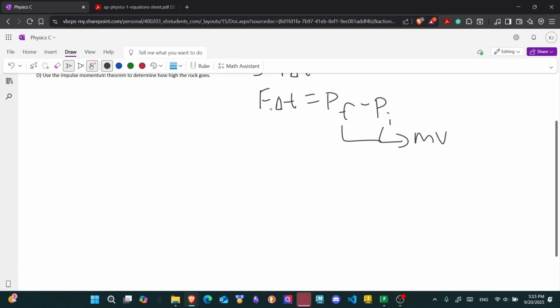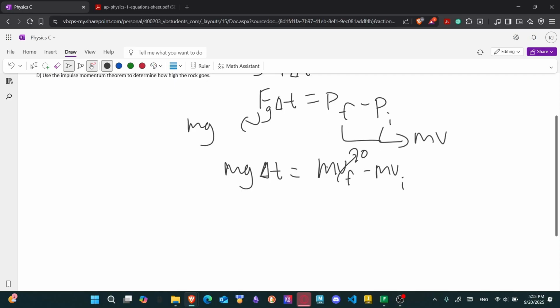So force of gravity is equal to mg, delta t is equal to mv final minus mv initial. Since v final is 0, this all goes to 0. So mg delta t is equal to negative mv initial. And the m on both sides cancel out. g delta t is equal to negative v initial.